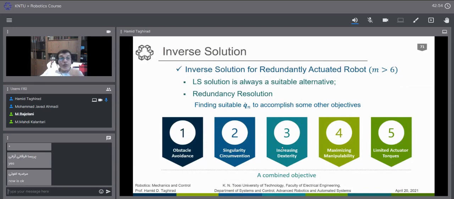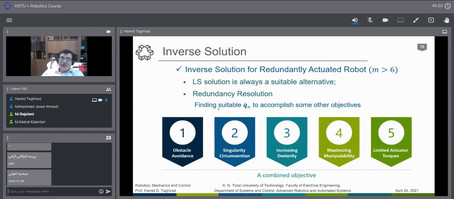But if you have more than 1 degree of freedom redundancy, 2, 3, 4, or even 8, as you see in the neck, you can have up to 8 other objectives, bringing them into account, and use all the effort or all the power that you have, provided with extra actuators in your system, for the problem.